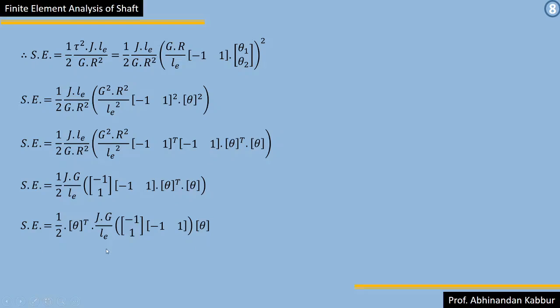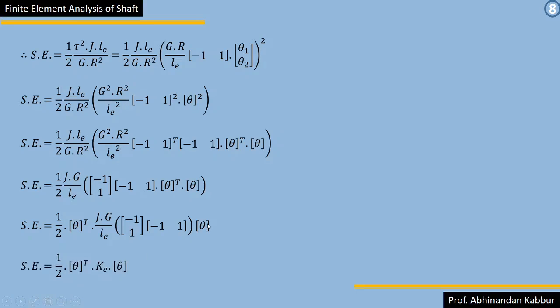Now if you see, this is half into theta transpose into K into theta. It is the same as half into K into X square, where X square is the angular displacement multiplied with its own transpose, nothing but theta square.